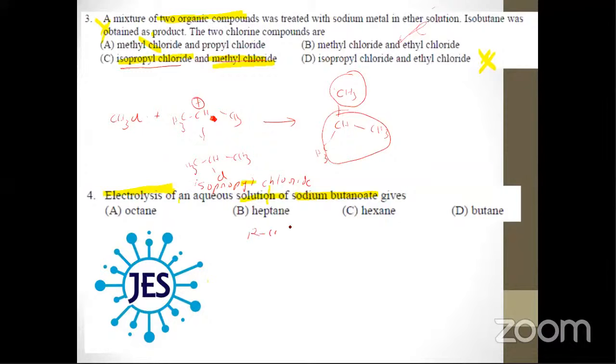RCOONa plus water, using electrolysis to get the products here. Now, what was the method I told you? Remove CO2, develop the R group. Easy.